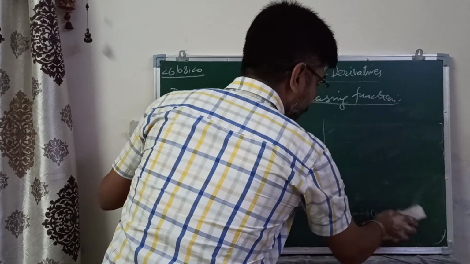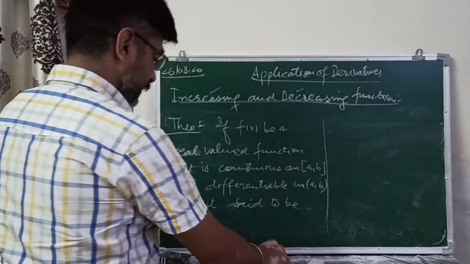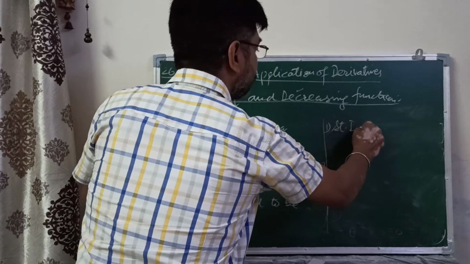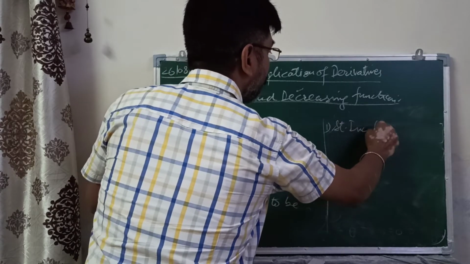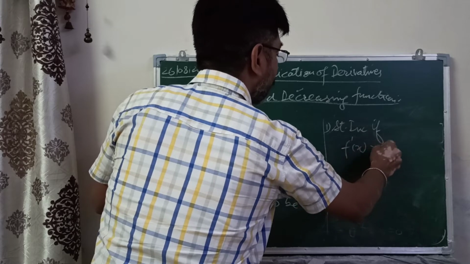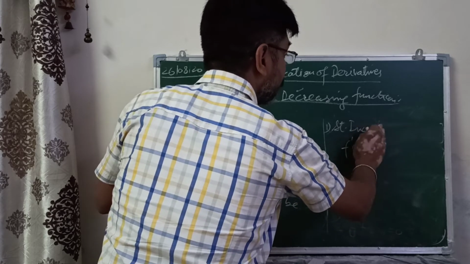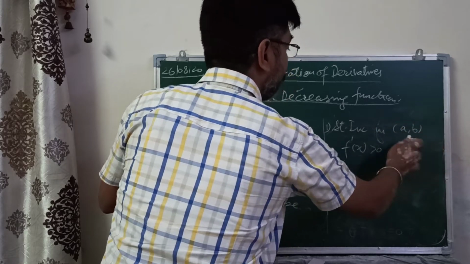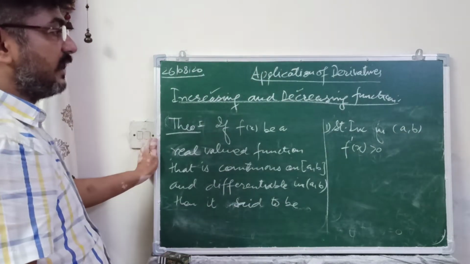It will be strictly increasing, strictly decreasing in the same way. Number 1, strictly increasing if f dash x is greater than 0, strictly increasing in open interval (a, b).